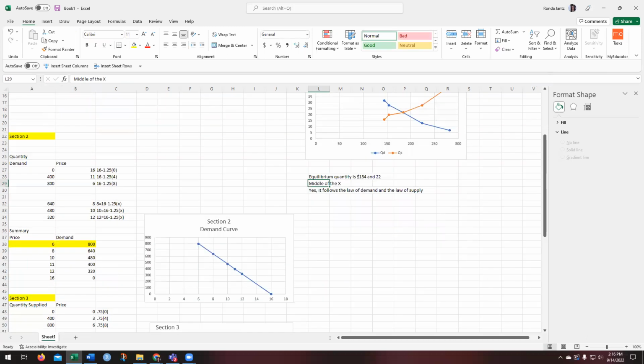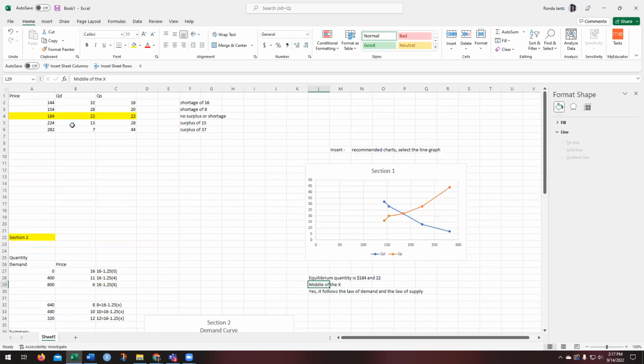So sorry. Then you're going to just move on to the second section. It has here to create the surplus and shortages, which we did above, and then we created a graph, and then select one of the points on the graph and indicate the quantity supplied and demanded.